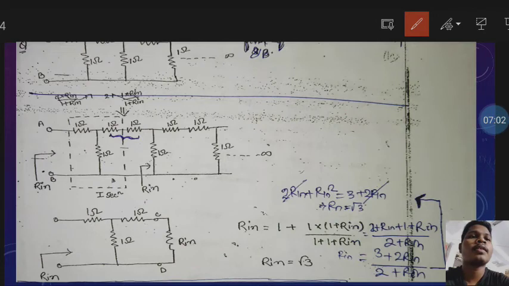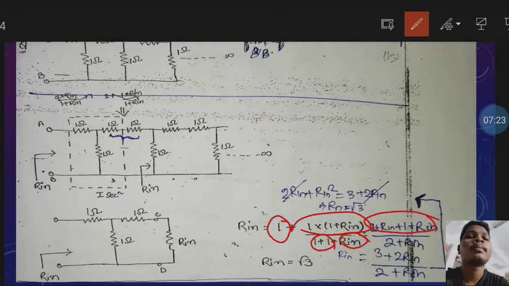Okay, so like that you have to proceed by calculating this. So here 1 plus 1, that is 2, and here R_in is left. Okay, so by taking this (2 plus R_in) into 1, and adding this term you will get the numerator side, and by adding 1 plus 1 plus R_in you will get the denominator side.